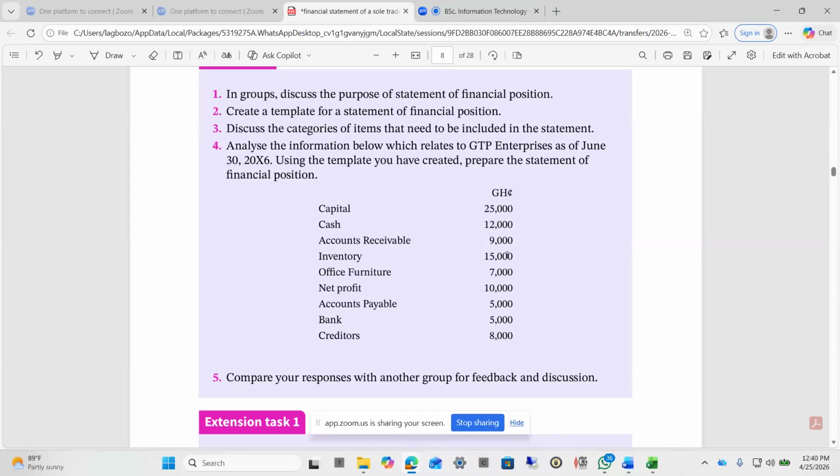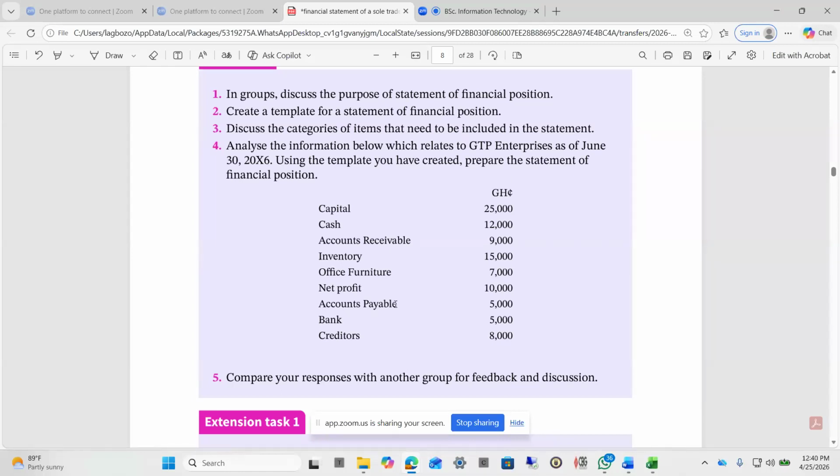Current asset. Office furniture, where does it fall? Asset. Which part? Non-current asset. Correct. Now, the net profit falls under capital. I didn't speak about it, that's why I pick it out. The net profit is part of what? Capital.